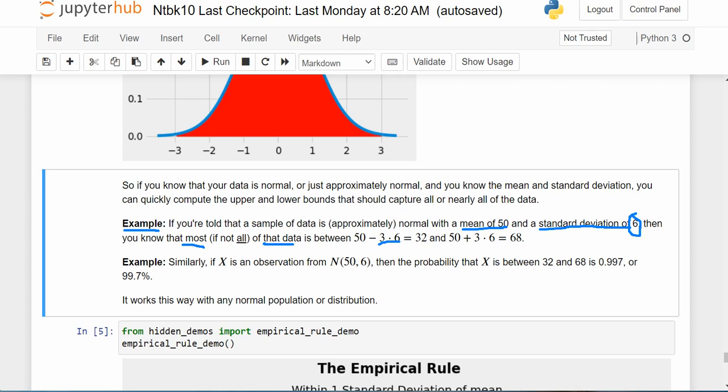So 50 minus 18 is 32, and 50 plus 18 is 68. So we know that almost all of the data, 99.7%, is between 32 and 68, which is calculated out precisely right here. So the empirical rule is really useful.